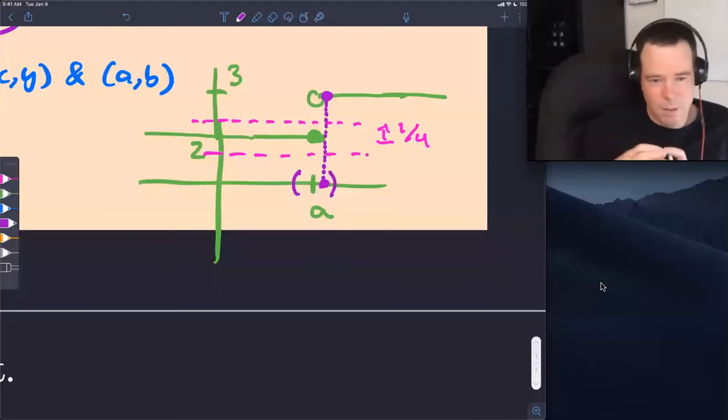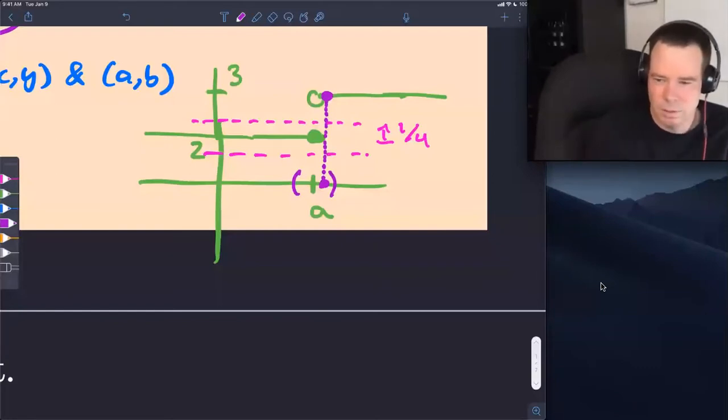I cannot find a small enough circle around A. I'm calling it a circle just to be the analogy with our functions in two variables, but in this case, it would be an interval. I can't find a small enough circle around A so that all the points within that circle about A, when I take their function values, land in my sandwich.